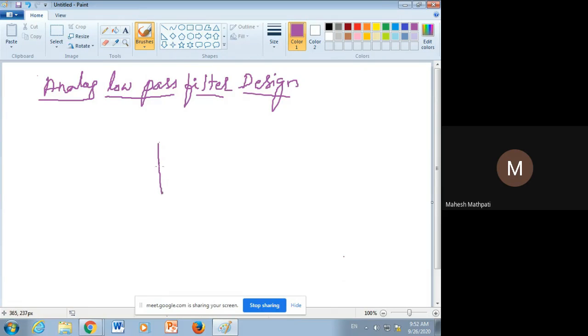Chalo, let me draw it. So this is the signal, right? And this is also a signal. अब इसमें एनालॉग कौन सा है और कंटिन्यूअस कौन सा है?